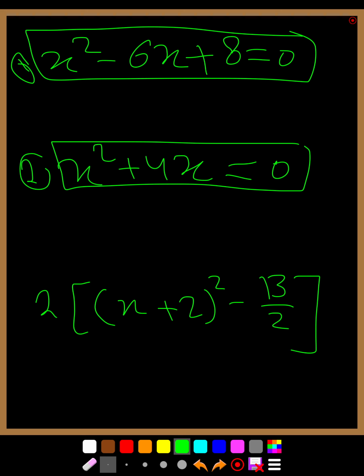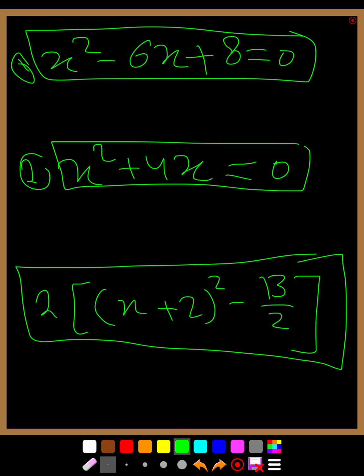What was the original quadratic expression? I need you to find the original quadratic expression for this form. Let me see your answer here, and you can work on this one.